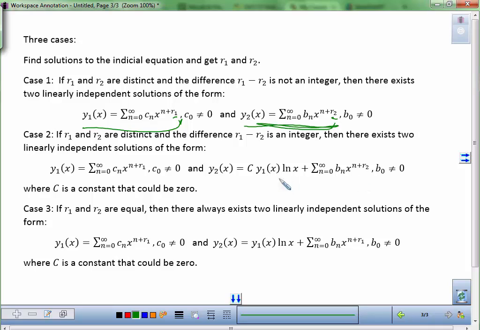So to take care of the linear independence, what they're saying here is that your second solution is going to have an ln of x. So the bad news is that this whole term might go to 0. And so your solution might look just like the first one. Nothing is definite here, it seems.